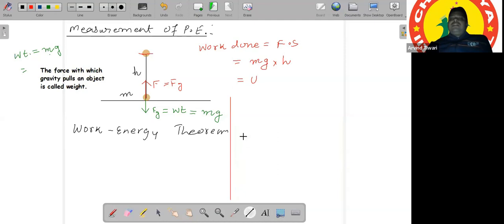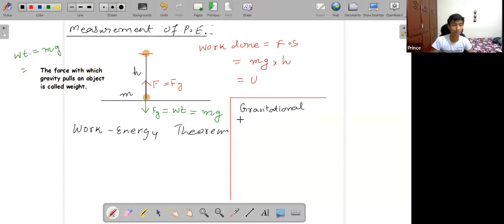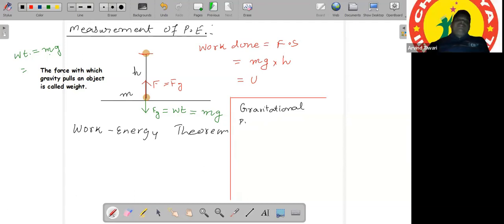Is anyone having any doubt, anything that is not clear in this? Prince, any doubt? No, sir. So what is the formula of gravitational potential energy? Siddharth? Siddharth, what is the formula of gravitational potential energy?